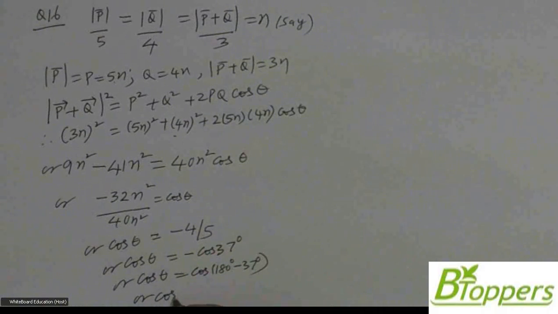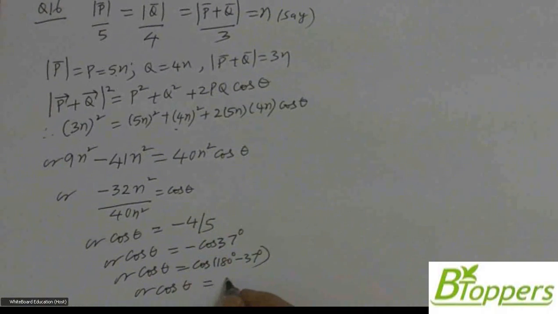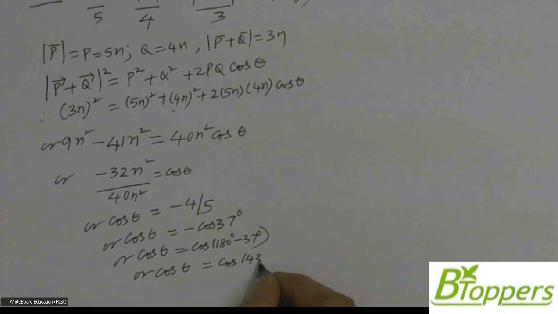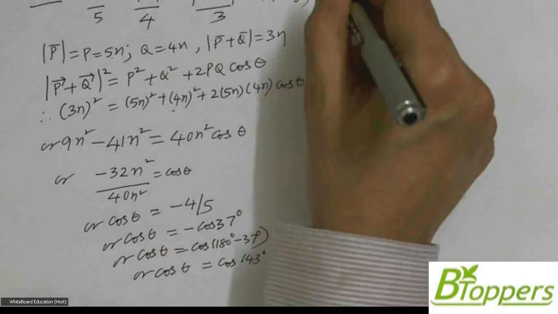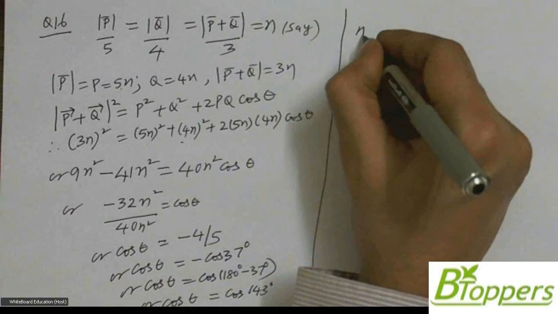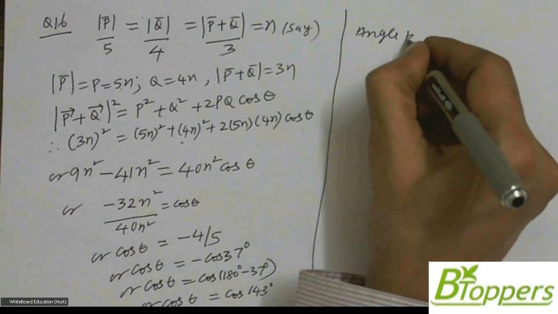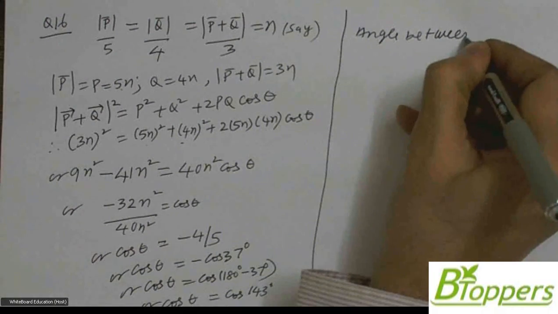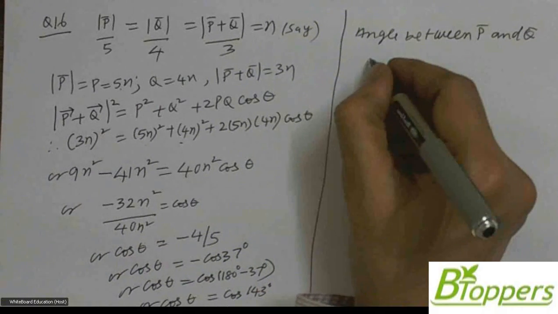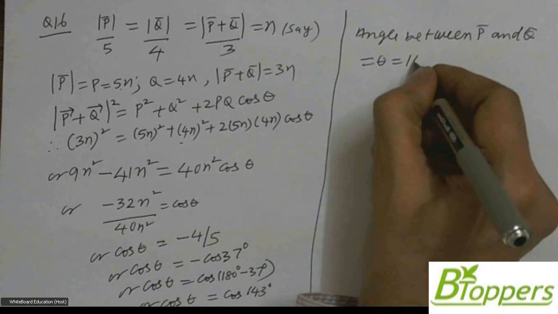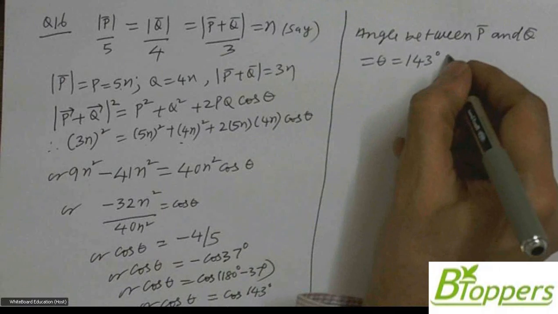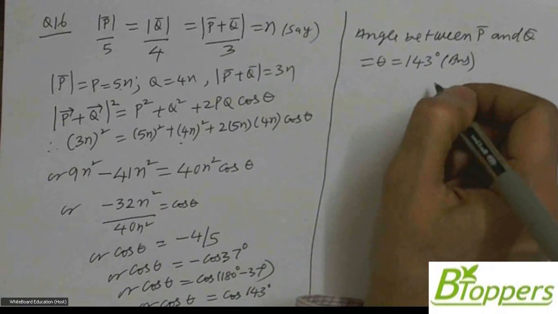That means cos theta can be written as cos 143 degrees. That means the angle between P bar and Q bar, denoted by theta, is equal to 143 degrees. That is the answer for the first part.